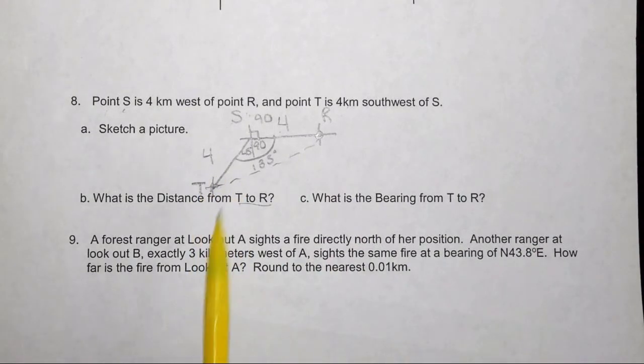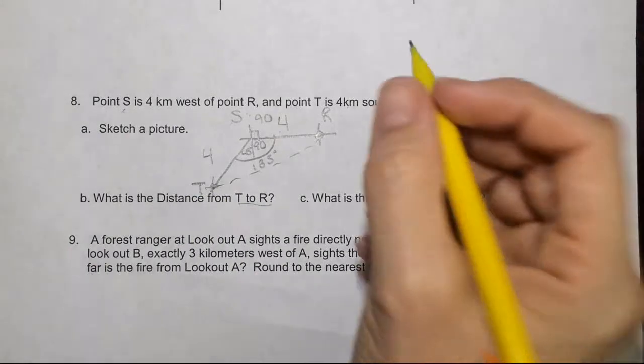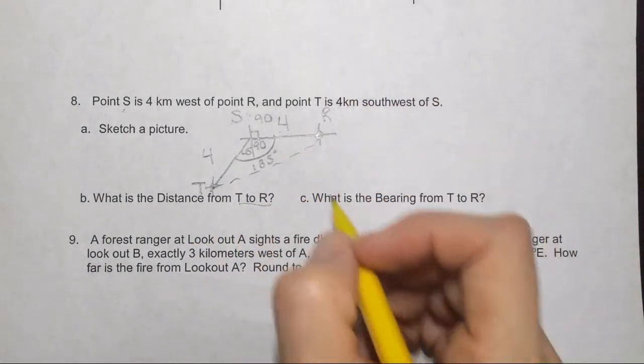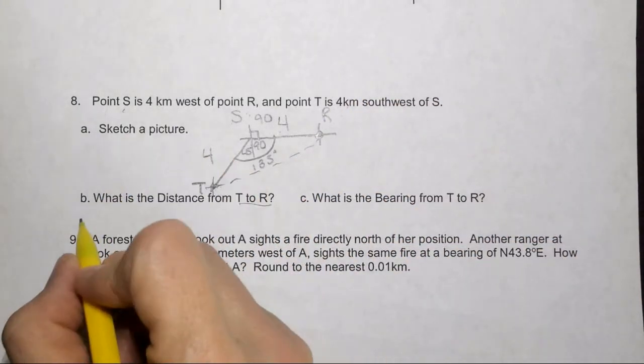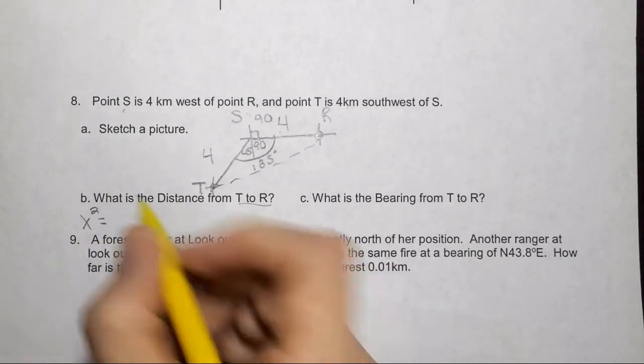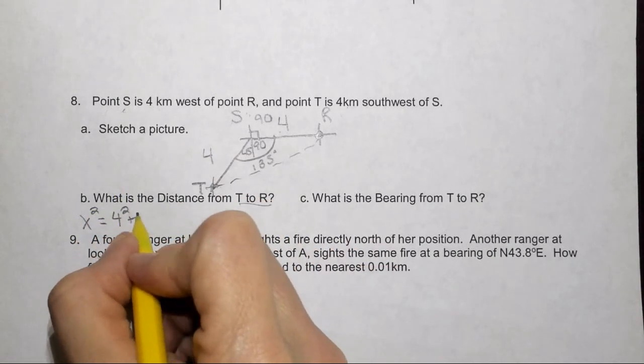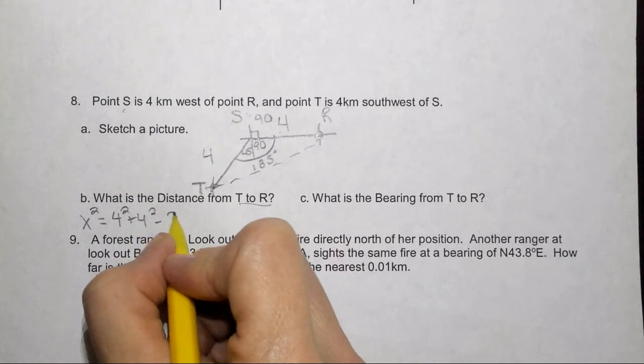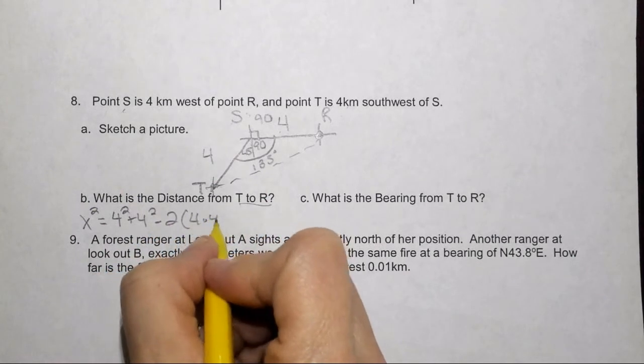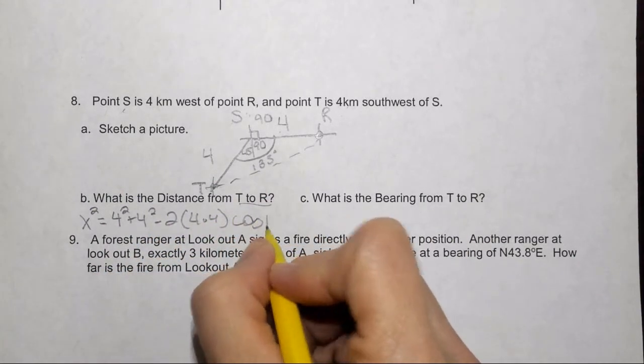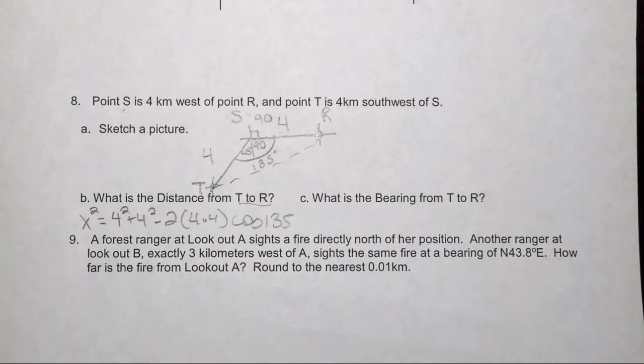So in order to find the distance from T to R, we're going to use our law of cosines. So we're going to do the side that we're looking for squared is equal to the sum of the squares of the two sides that we know, minus 2 times their product, times cosine of the angle between. Remember, when you type it in your calculator, you have to remember to go take the square root.